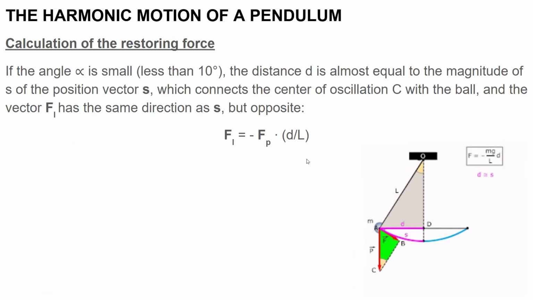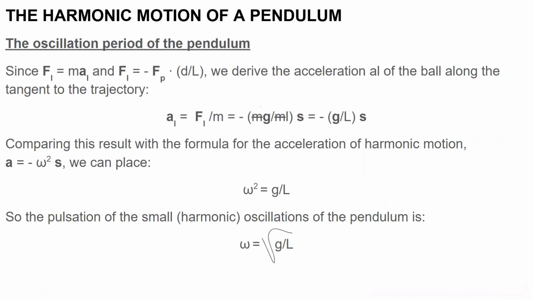If the angle alpha is small, less than 10 degrees, the distance d is almost equal to the magnitude of s, the position vector which connects the center of oscillation C with the ball, and the vector Fl has the same direction as s, but the opposite. In fact, Fl is equal to minus the weight force times the division between the distance and the length of the string.